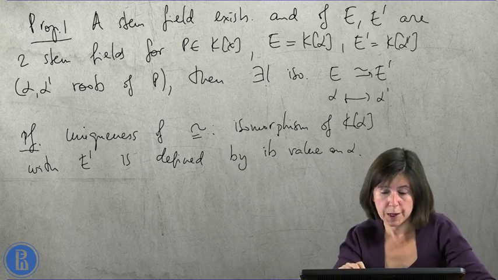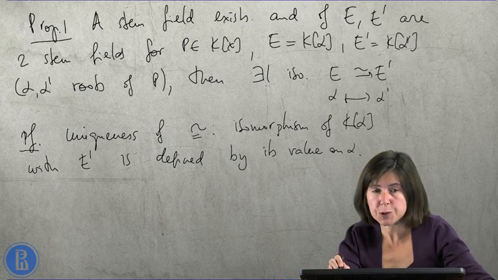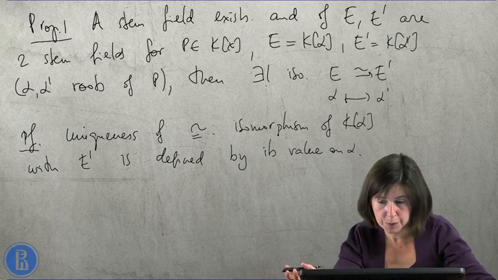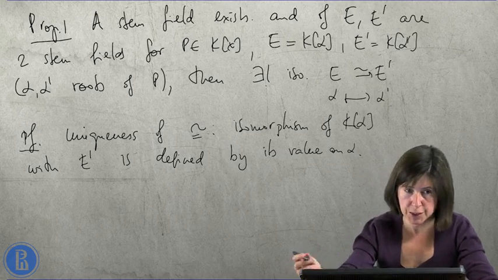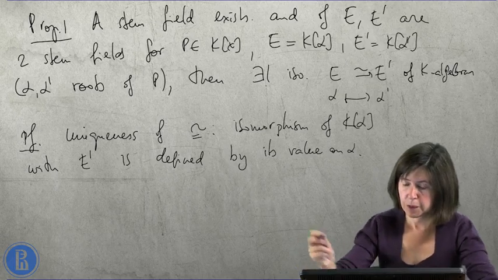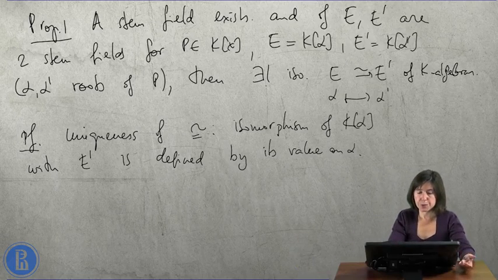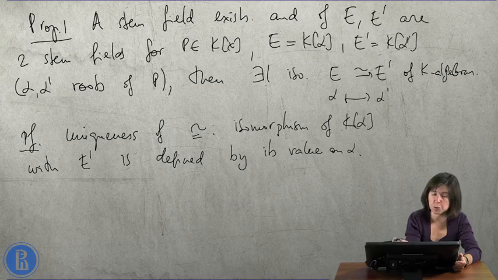Well, of course, I have to be precise here. I said there exists an isomorphism, but I must be precise and say an isomorphism of what? Of course, not only of abstract fields, but of extensions of K, so of K algebras. Then it is really defined by its value on alpha. So what I have to prove still is the existence of such an isomorphism.